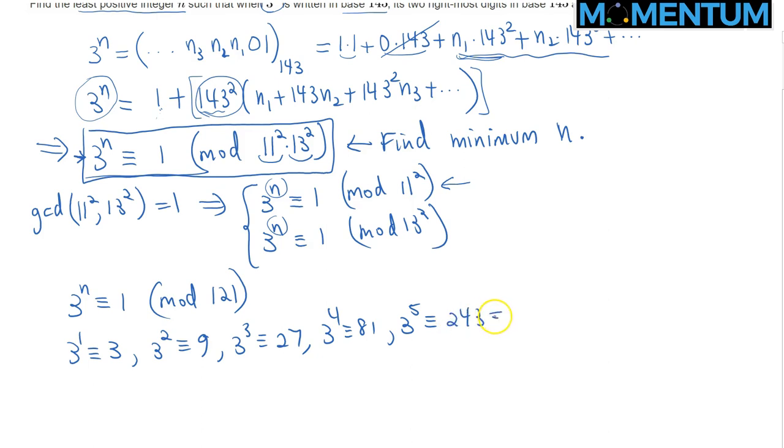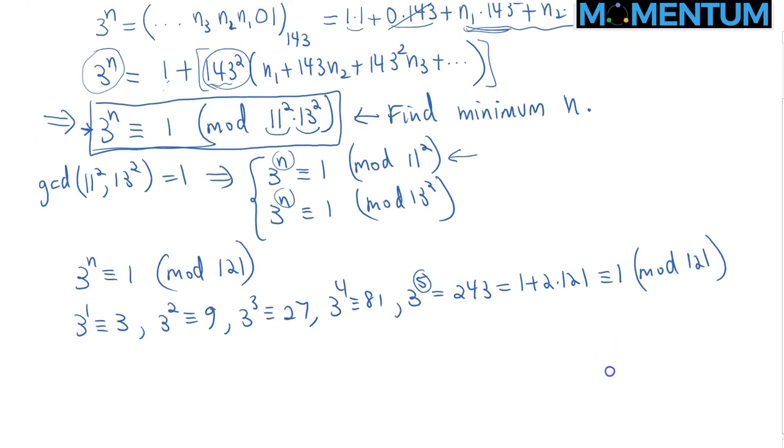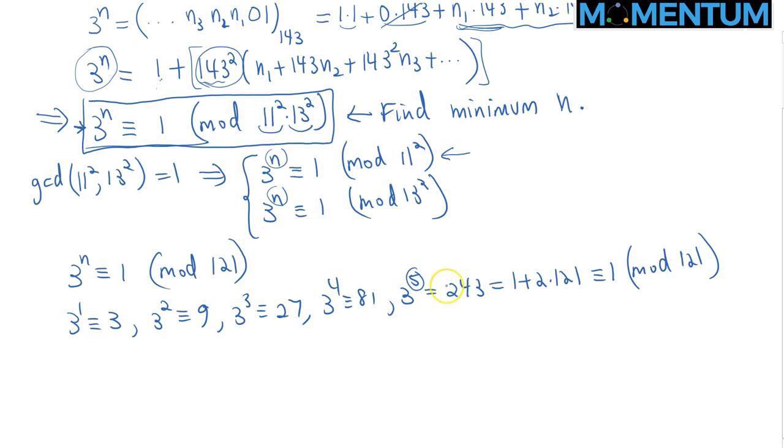And nicely, 243 is simply equal to 1 plus 2 times 121. Aha. So this is congruent to 1 mod 121. Therefore 3 to the 5 satisfies, so n equals 5 works.